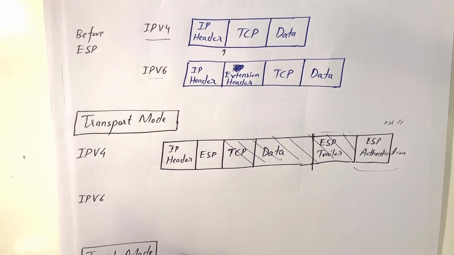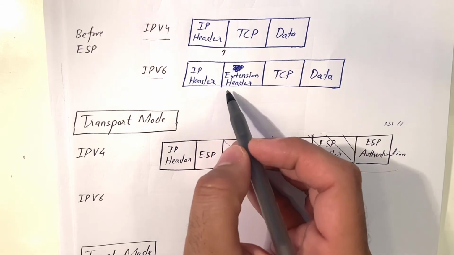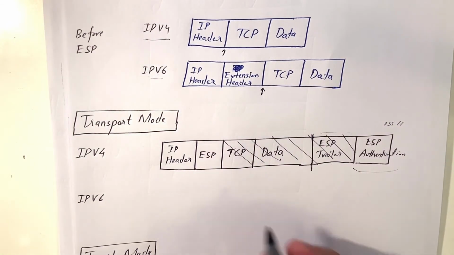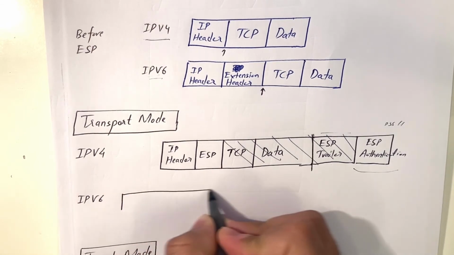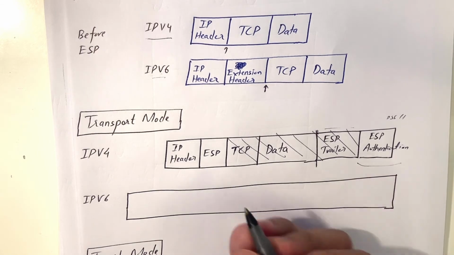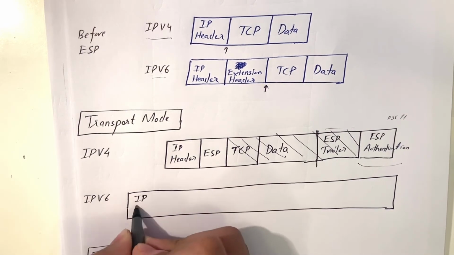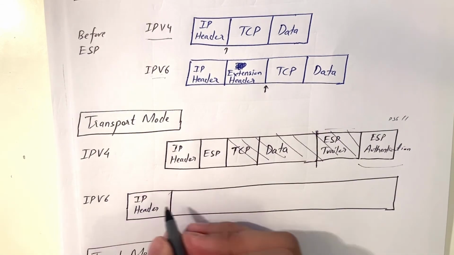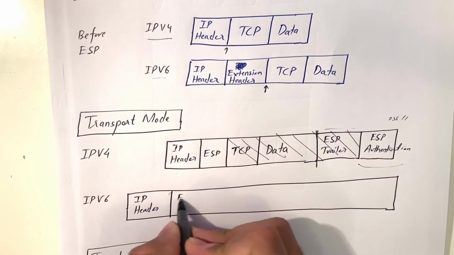Now, what will happen to IPv6? Everything else will be the same. The ESP will be added down here, exactly the same way as we did for the AH. The first thing, of course, the IP header will be the same. Nothing is going to change here. The extension header, no change.